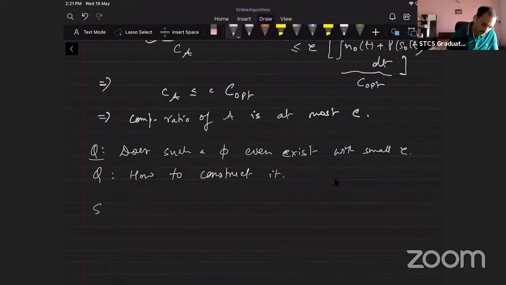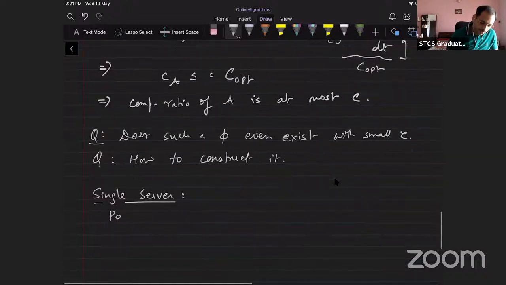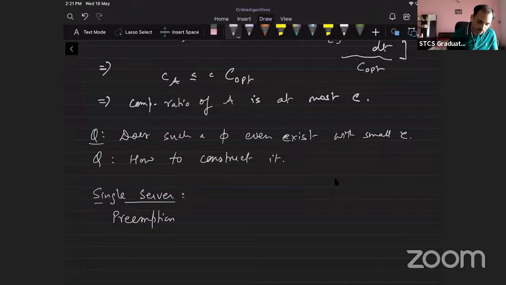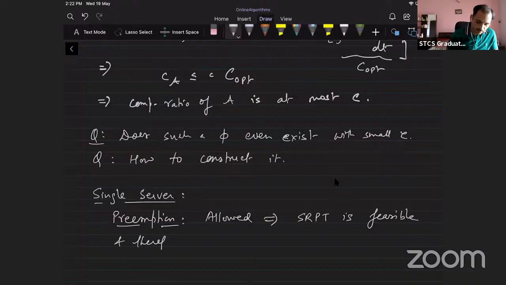Okay, so single server case. Again, this is an important point that we are allowing preemption. So preemption is allowed, that you can suspend the job and restart it later. And that implies that SRPT is feasible and therefore optimal for scheduling.